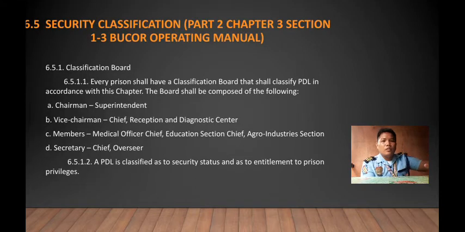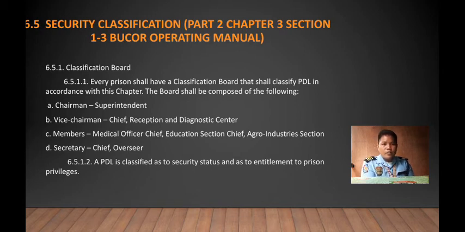So, 6.5 Security Classification, Part 2, Chapter 3, Section 1 to 3, BUCOR Operating Manual, having classification board. Every prison shall have a classification board that shall classify PDL in accordance with this chapter.